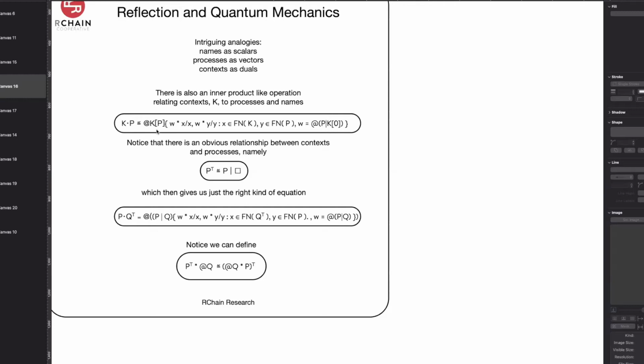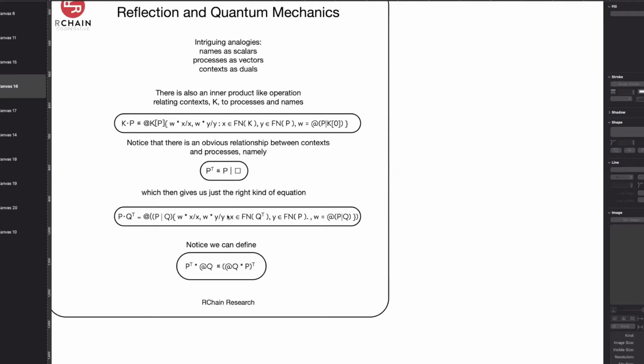And there's an obvious relationship between P's and K's, right? So I can define the perpendicular of T, the transpose of T, to be P par hole.